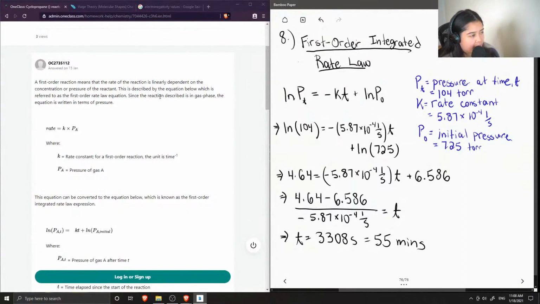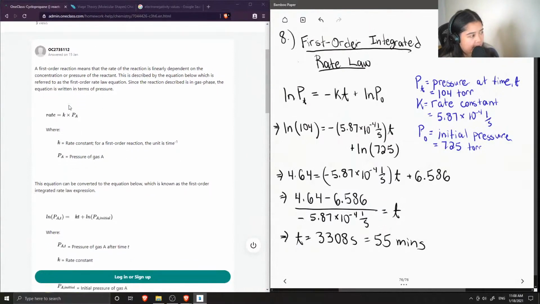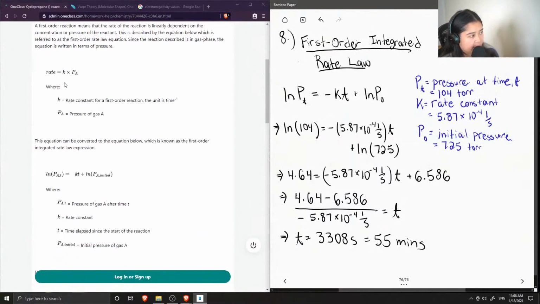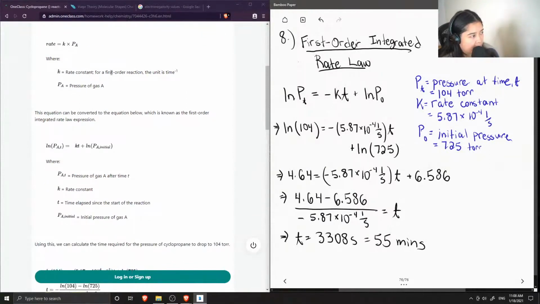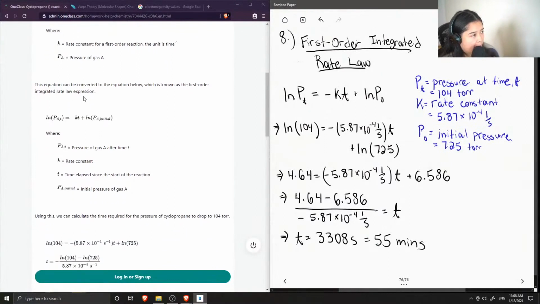Since the reaction is in gas phase, the equation is written in terms of pressure. Rate is equal to k times the pressure of gas A, where k is the rate constant for a first order reaction. The unit is inverse of time. So this equation can be converted to the equation below, which is known as the first order integrated rate law expression.